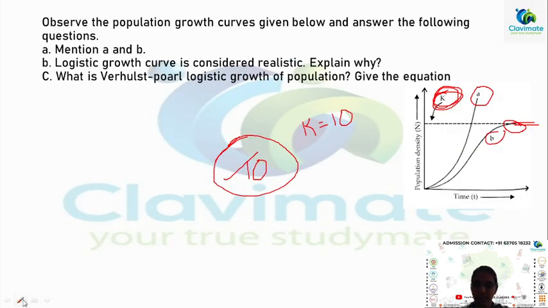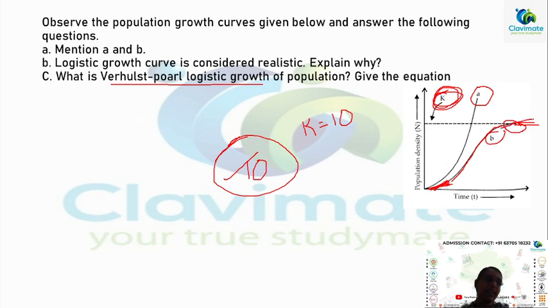Going to the graph again, according to Verhulst-Pearl logistic growth, the growth has a lag phase. Lag phase means the organisms in the habitat have to adapt, so until the adaptation, the population size increases very slowly. Then comes an exponential phase, where growth spurts because the organisms have adapted and increase in population size.